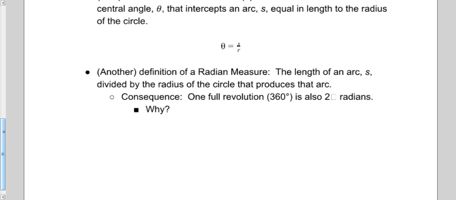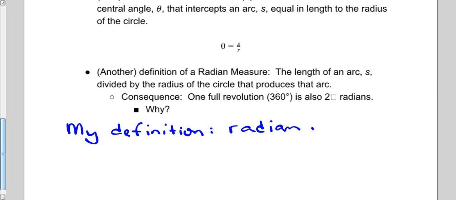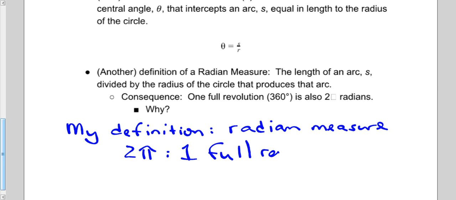So now I am going to give you the definition I like. My definition. Radian measure is a measure of angles such that 2 pi is the same as 1 full revolution.